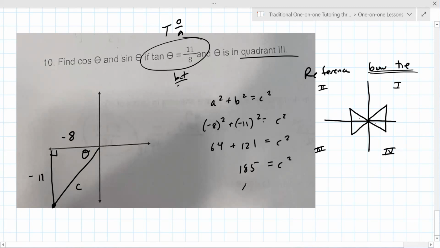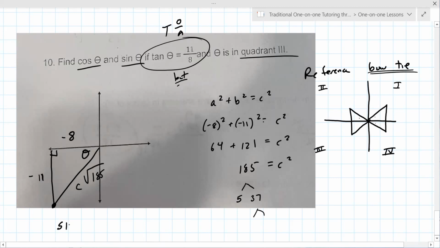This is 5 times 37, and they're both prime. So this is just the square root of 185. And again, why are we finding that? Because you need all 3 sides to find sine and cosine.